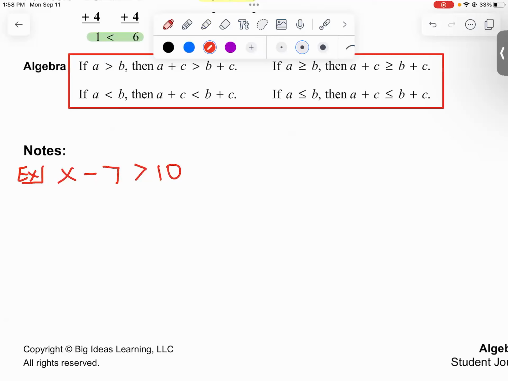So just like we did with equations, I want X to be by itself. So how do I undo that minus 7? We're going to add 7 to both sides and we end up with X is greater than 17.